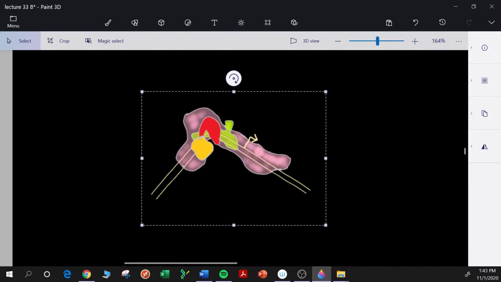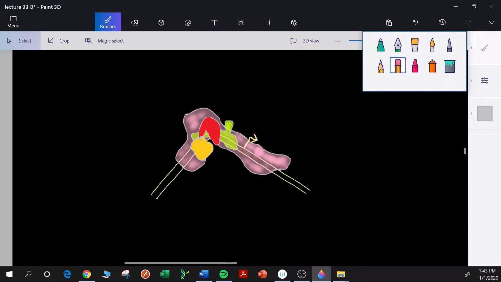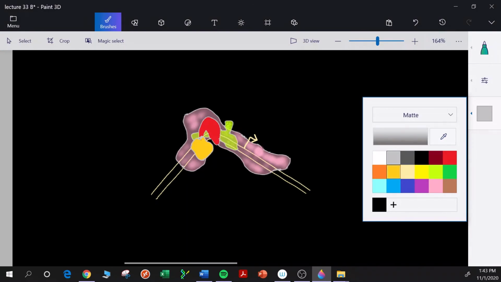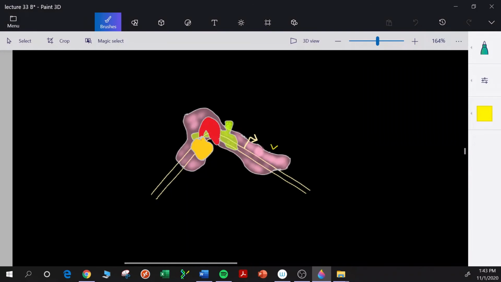Okay, so what do I have here? Here are the TAFs that are part of TF2D. Here is TATA binding protein. Together those are TF2D.